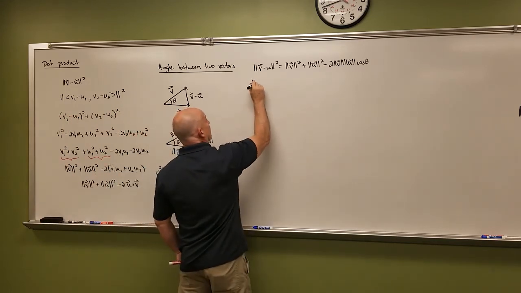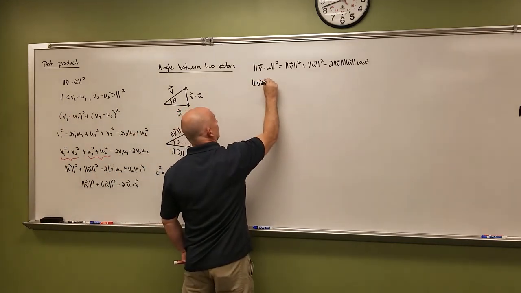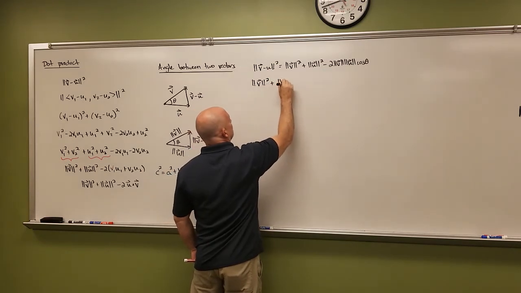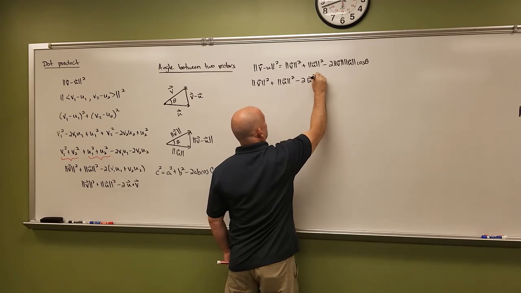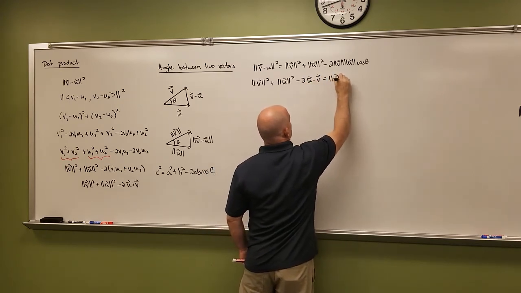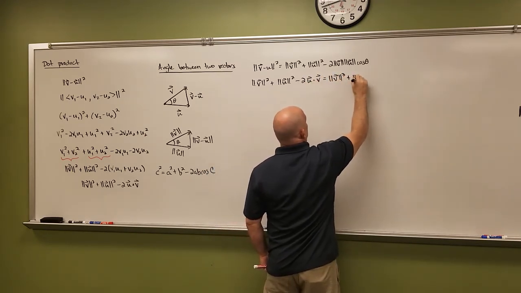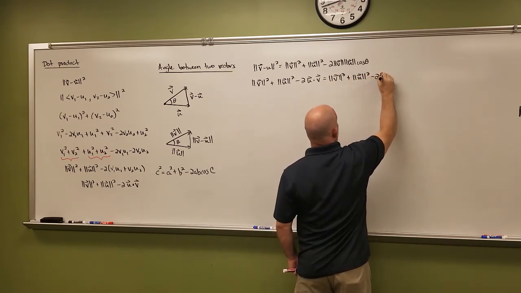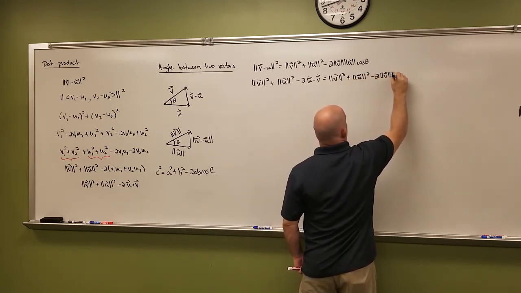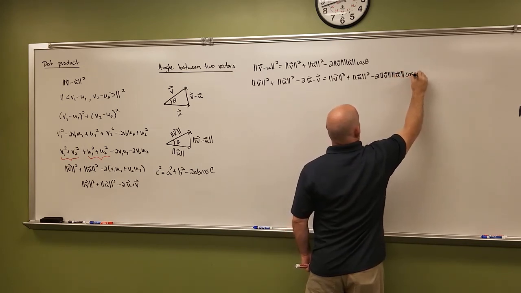in. It ends up being the magnitude of v squared plus magnitude u squared minus 2 u dot v, equal to magnitude v squared, magnitude u squared, minus 2 magnitude v, magnitude u, cosine of the angle.